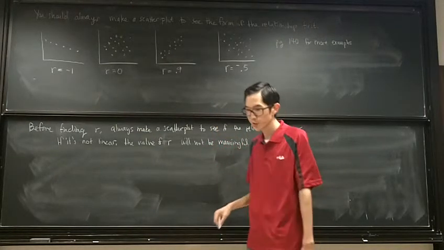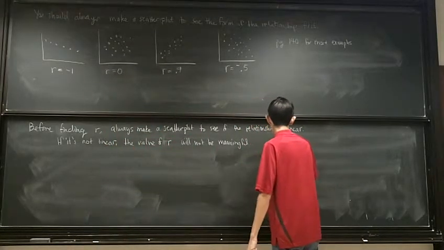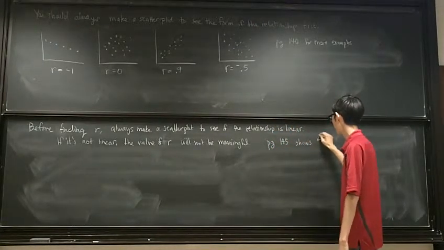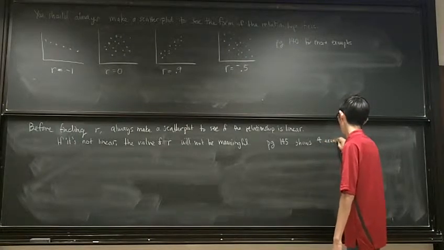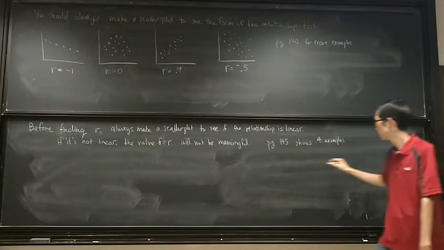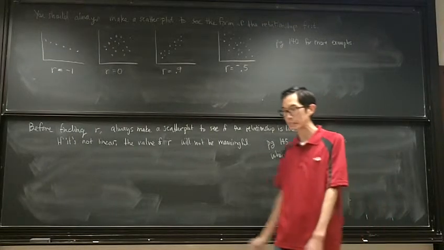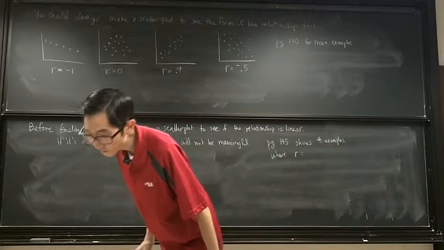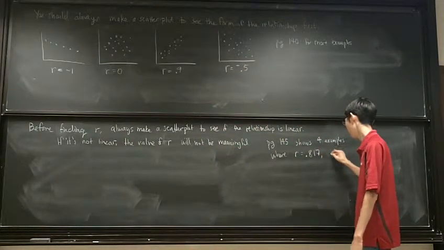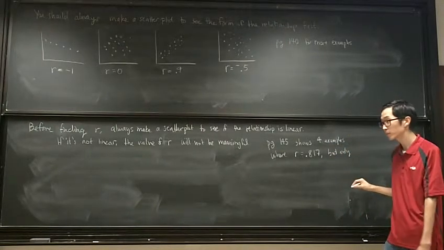Okay. And you can see page 145 shows four examples where the correlation coefficient R is equal, I think, to 0.817, but it only makes sense for one of the plots.